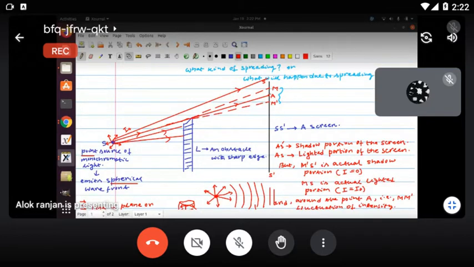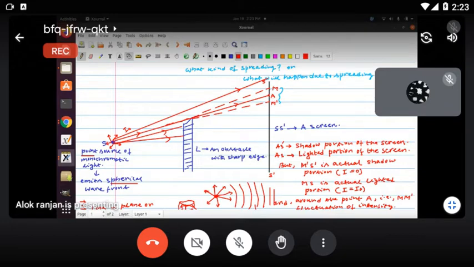Similarly, AM should be a lighted portion with intensity I naught, but it is not actually I naught, it fluctuates. So as if the light has bent and entered the geometrical shadow region. In that context, it is called the light has bent, because the intensity is not 0, it fluctuates between minimum and maximum.